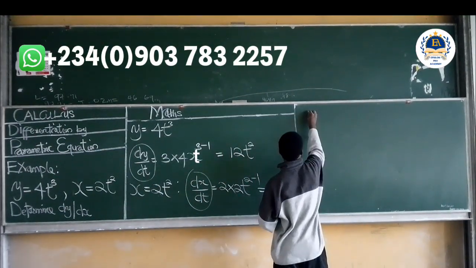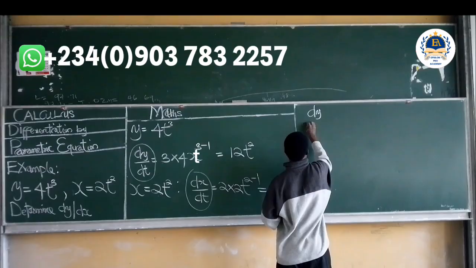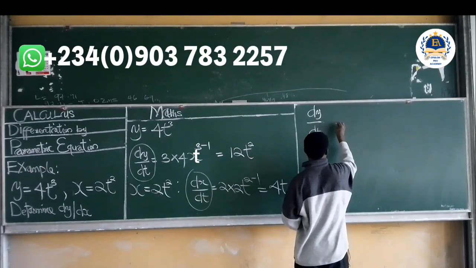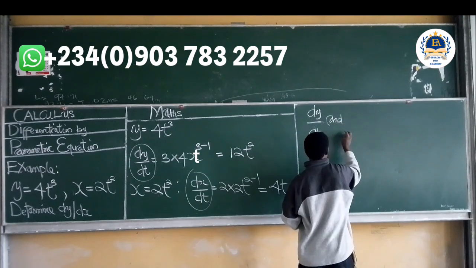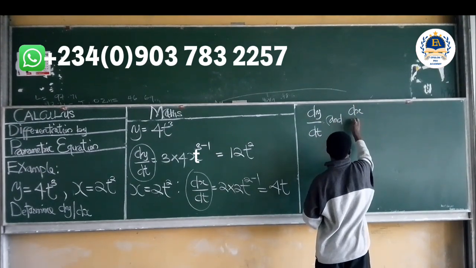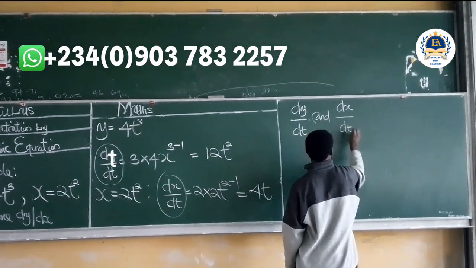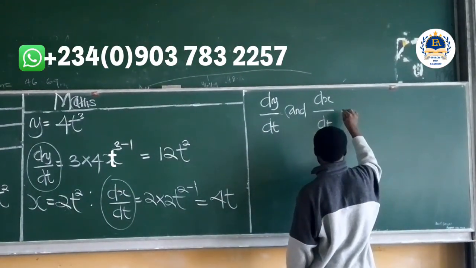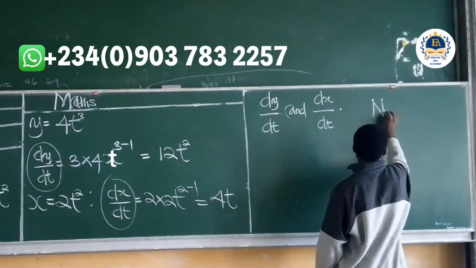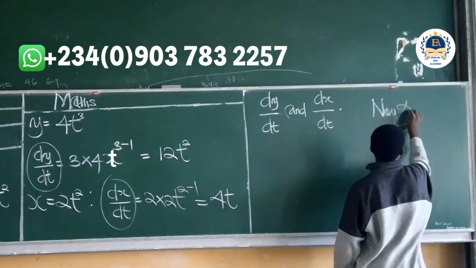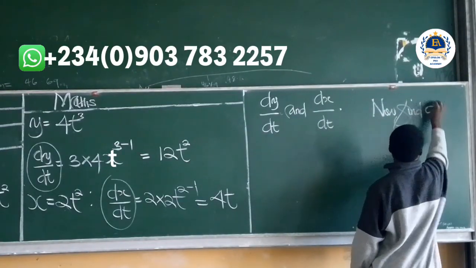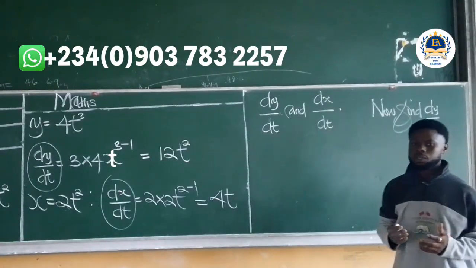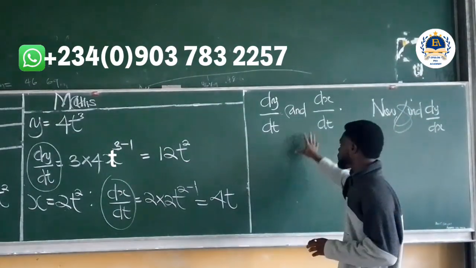First, we have dy over dt, and we have dx over dt. Now, find dy over dx.